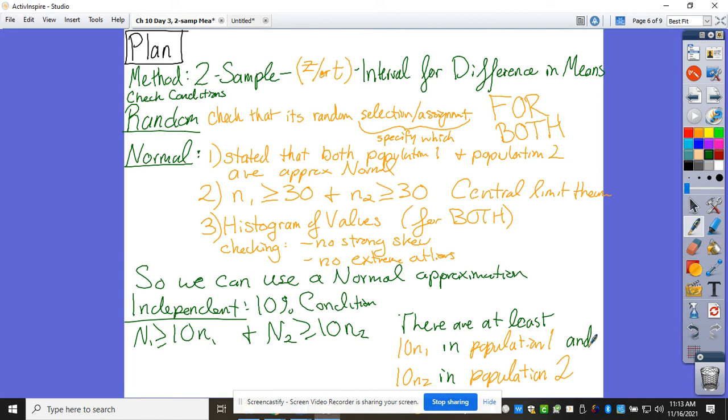So at least 10 lowercase n1 in population 1 and 10 lowercase n2 in population 2.